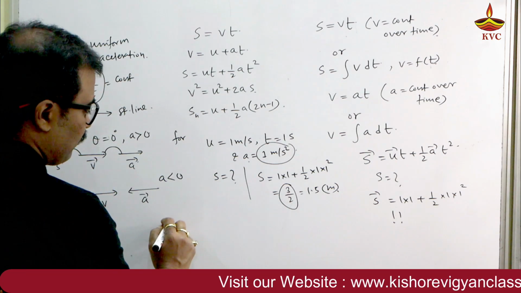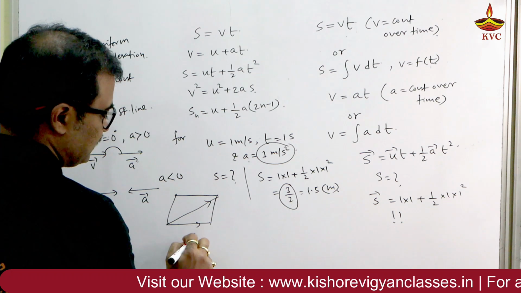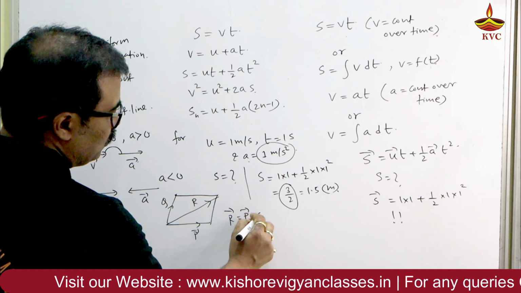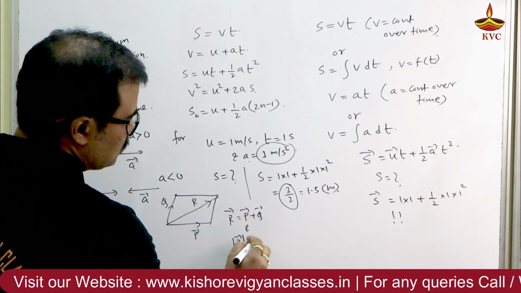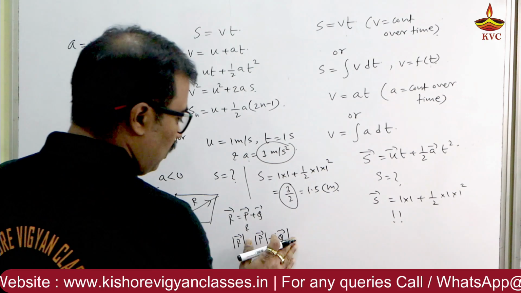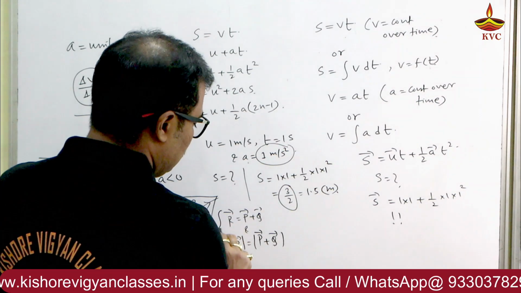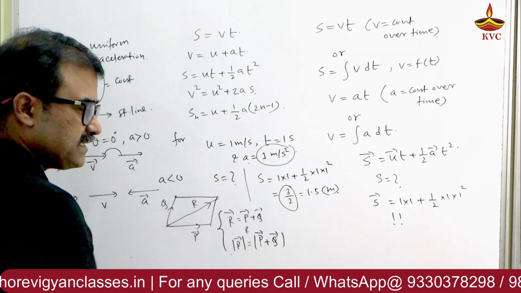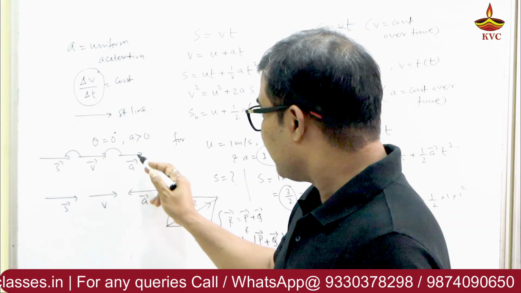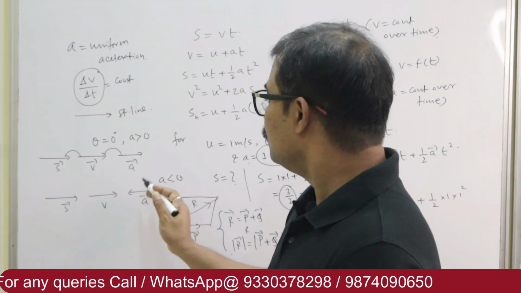That's why, from the vector concept, if this vector is P and this vector is Q and the resultant is R equals P plus Q, and mod R equals mod P plus Q, both are the same. They are equal only if they are in the same direction, that is theta equals 0 degree, or theta equals 180 degree.